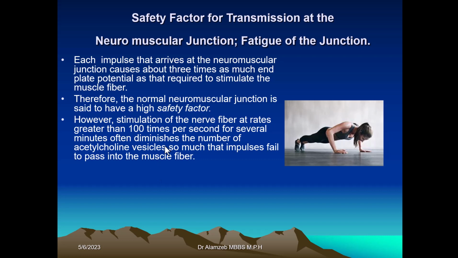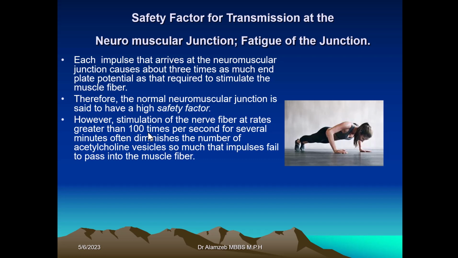Like in stressful exercise, if the impulse to the neuromuscular junction is more than 100 times per second, it causes rupture of more vesicles and release of more acetylcholine, and at the same rate the acetylcholine and the vesicles are not replenished in the nerve ending.